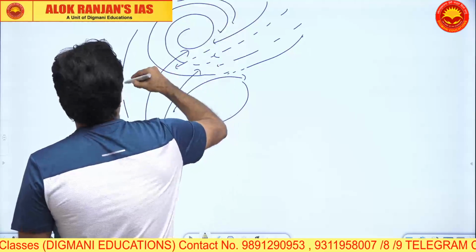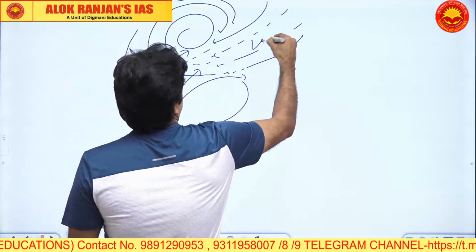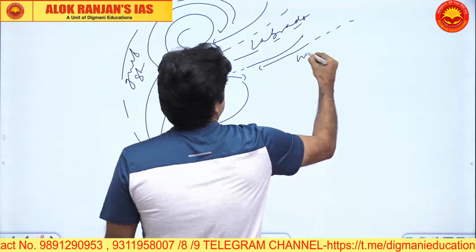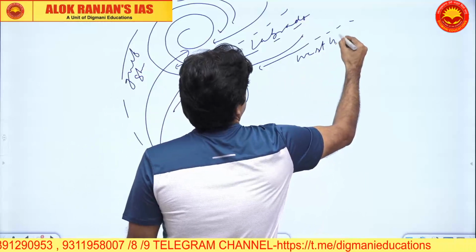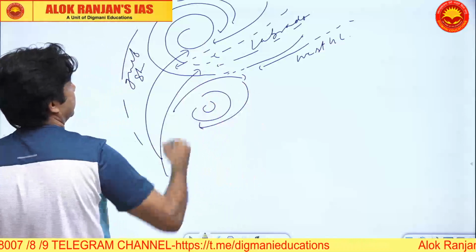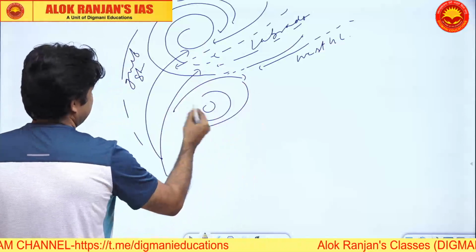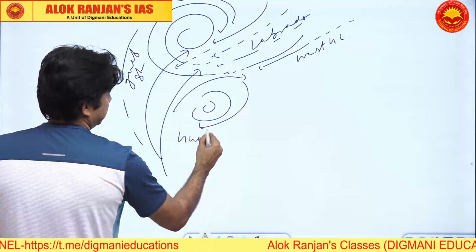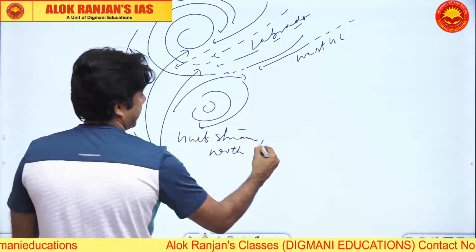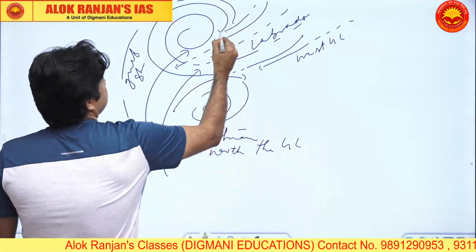This is your Gulf Stream, and this is your Labrador, and the West Greenland and East Greenland currents. So you have such formations, such circulation. This is the mixing of the Gulf Stream with the Greenland current, and this is with the Labrador current.